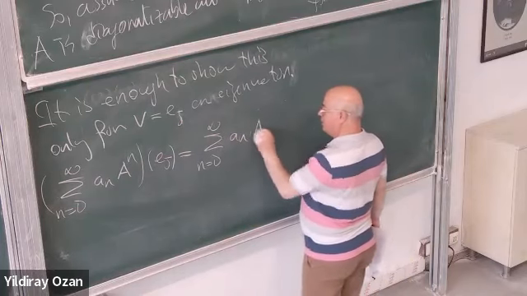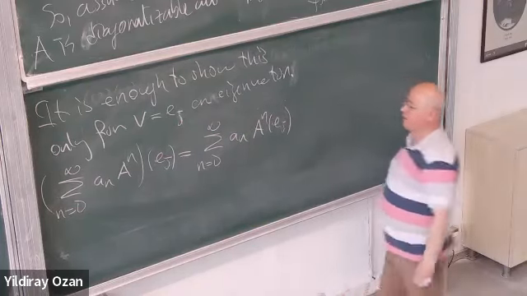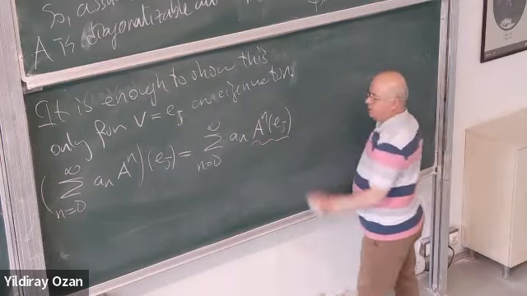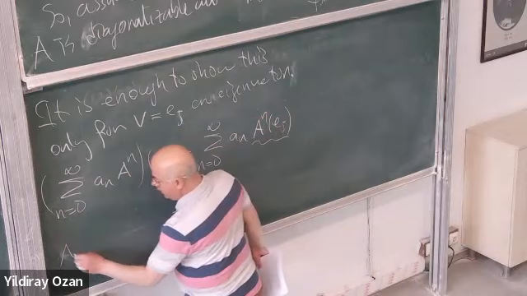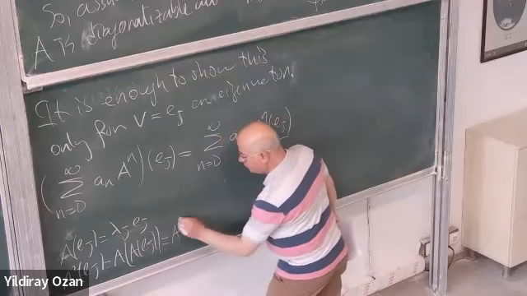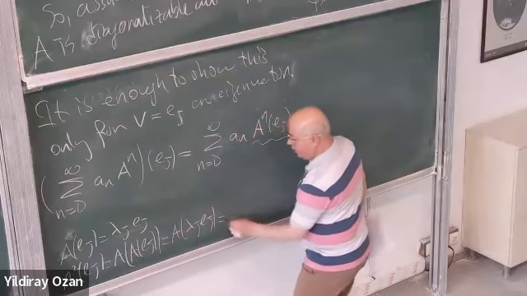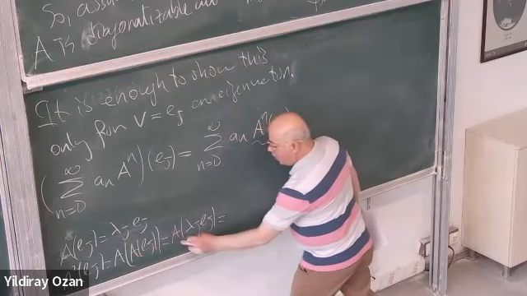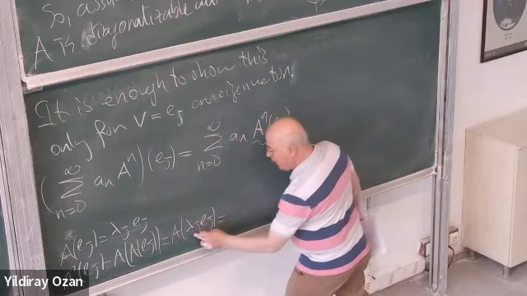A e_j is just lambda_j times e_j. So lambda_j will go out, but then we have A times e_j, which gives another lambda_j.